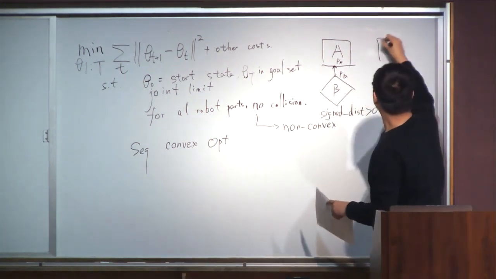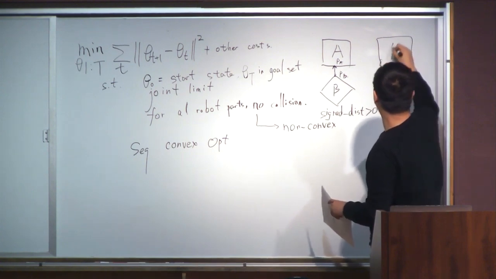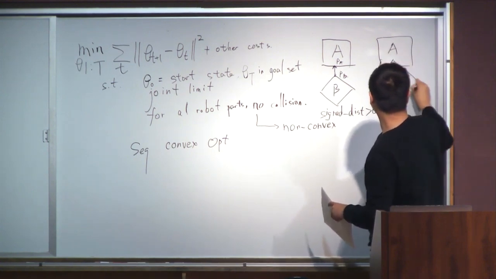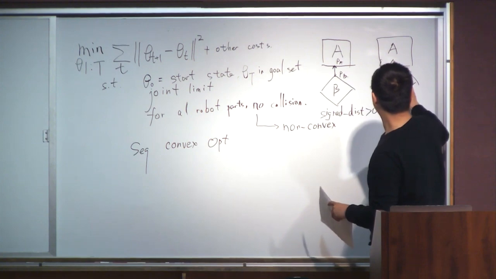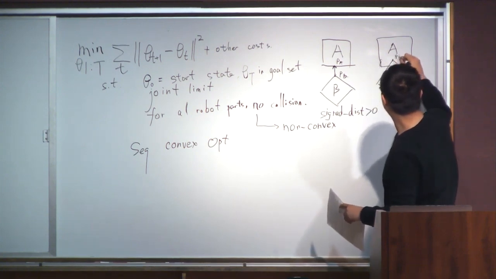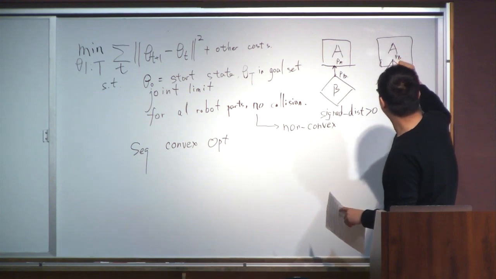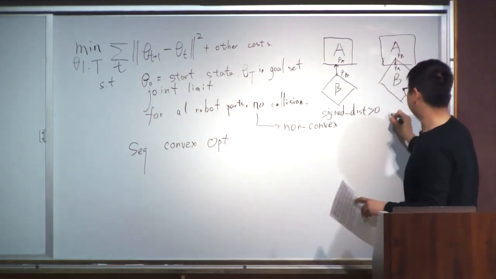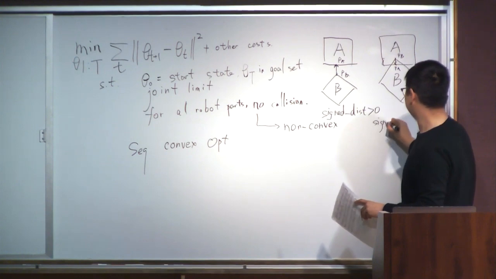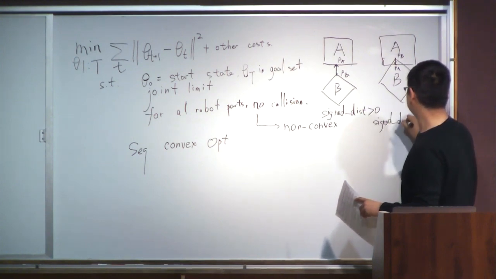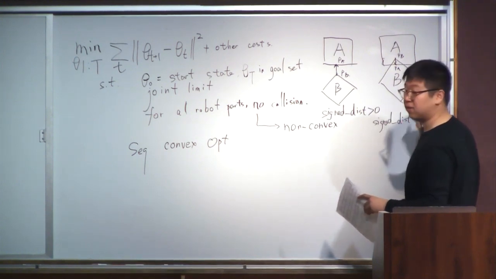This is pretty intuitive. If this P_B is inside A, we call this signed distance smaller than 0.